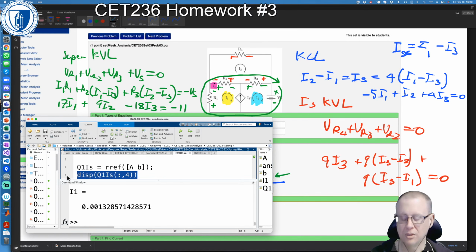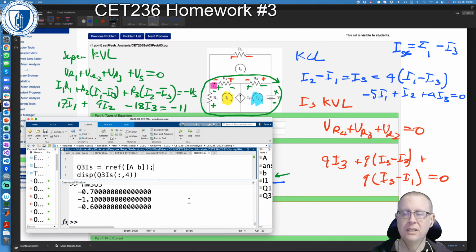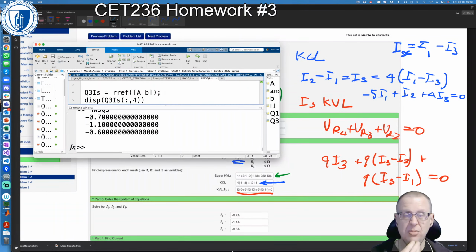And then we just want to do something like that, and it should be I3, and that looks like the numbers I got before, minus 0.7, minus 1.1, minus 0.6, all good.